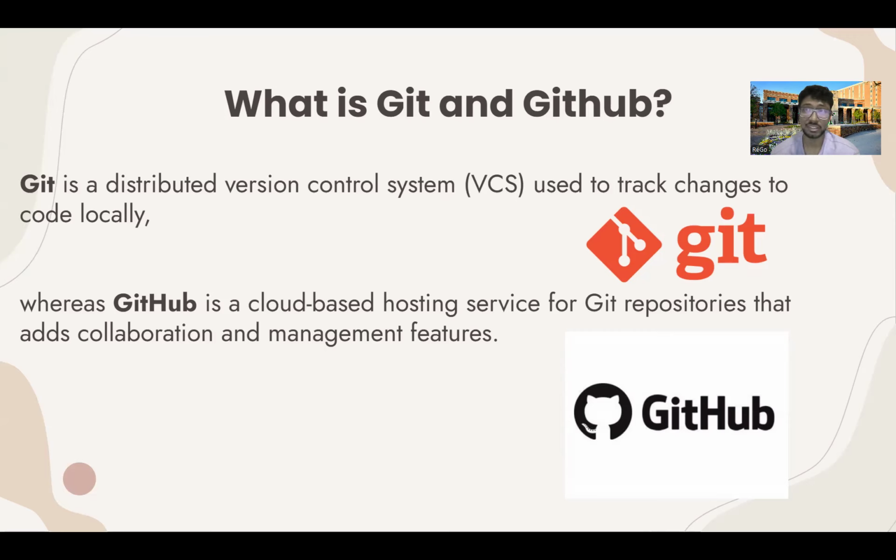There are other version control systems, but Git is the most popular and the most versatile tool. Whereas GitHub is basically whatever you have locally, you're pushing it to the cloud. Imagine a Google server or AWS server, a cloud-based hosting service. That's all.